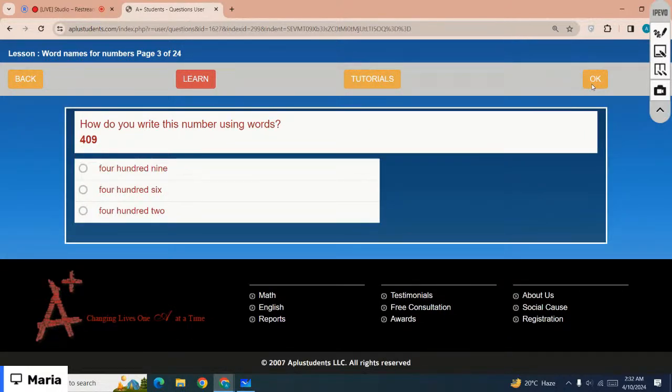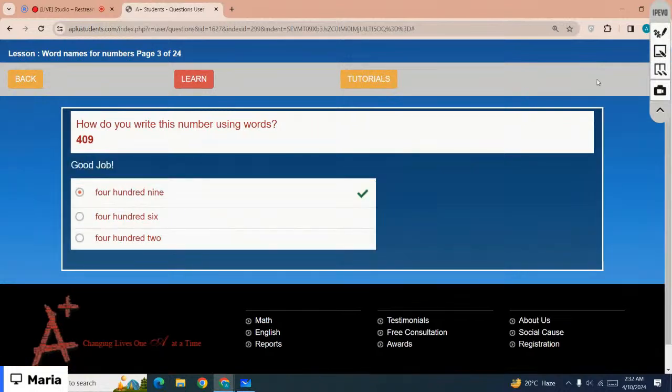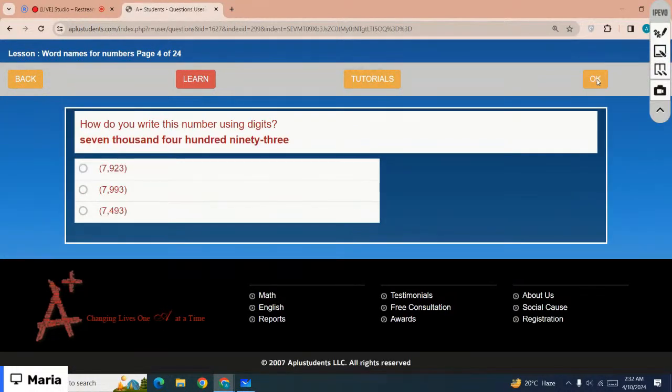How do you write this number using words? Yes, 409, option number 1 is the correct option, right? Basically, that's how we read the numbers, isn't it?